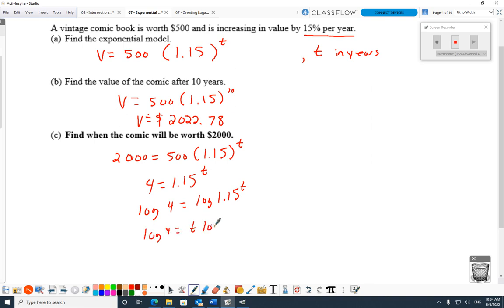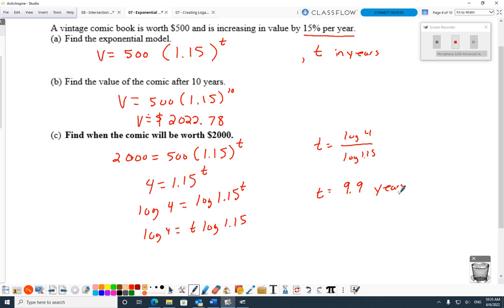Log law 3 allows you to move that down out front. And then I can isolate t. And type that into any calculator with a log button. And it's 9.9 years.